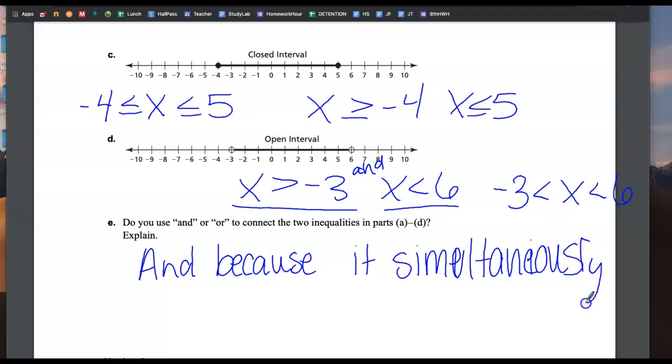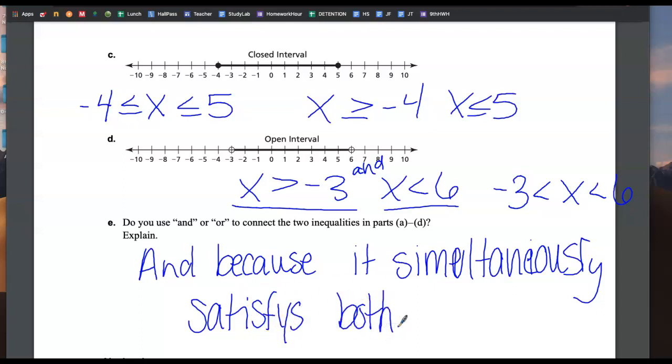There's no internet. Google can't help us now. It is E-O-U-S. Okay. So it simultaneously... Words are hard.